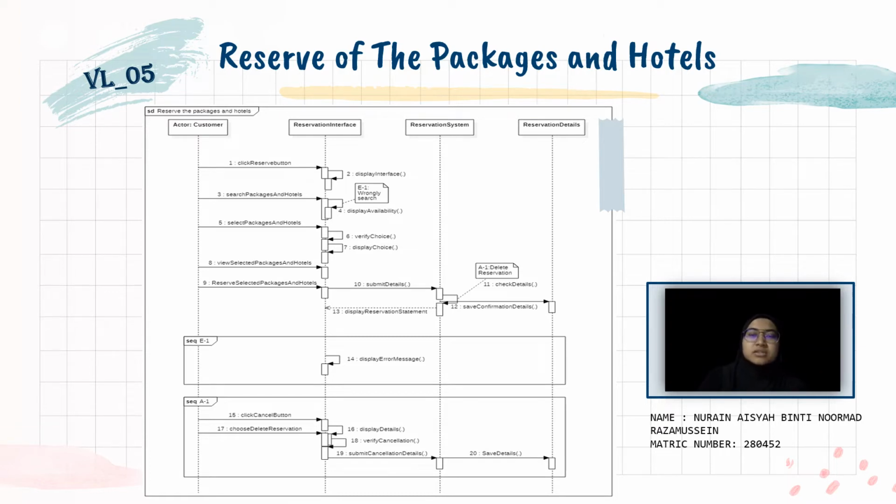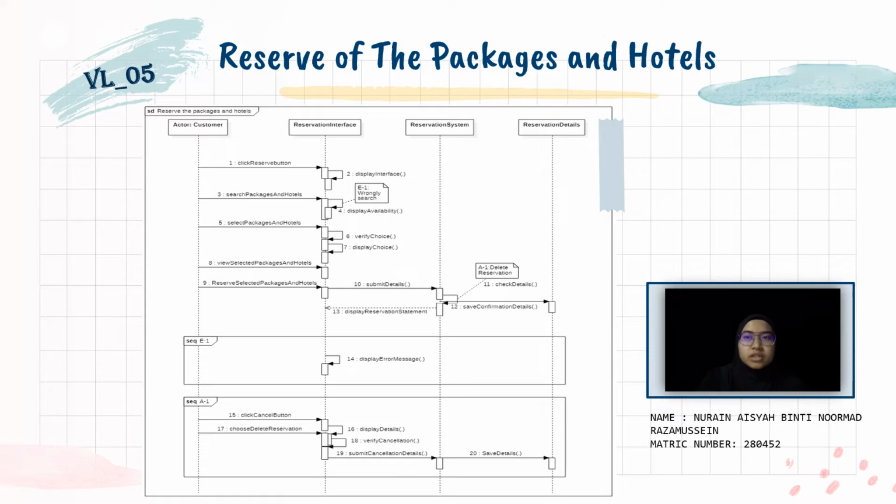Okay, so the customer needs to click the reserve button first, and the boundary will display the interface. Third, the customer needs to search for the package and hotels that they want, and then the boundary will display the availability that is in the system. Here we have an exceptional one, which is if the customer makes a wrong search.